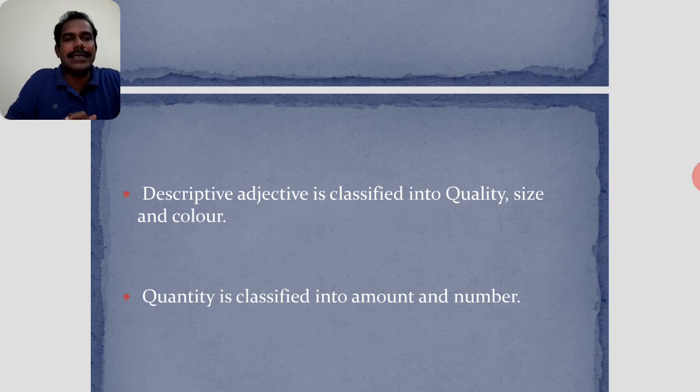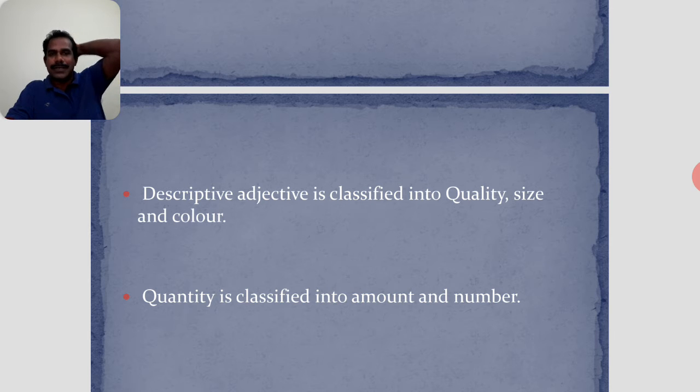Quantity adjectives are classified into amount and number. So adjectives are of two types: descriptive and quantity. Descriptive covers quality, size, and color, and quantity is classified into amount and number.